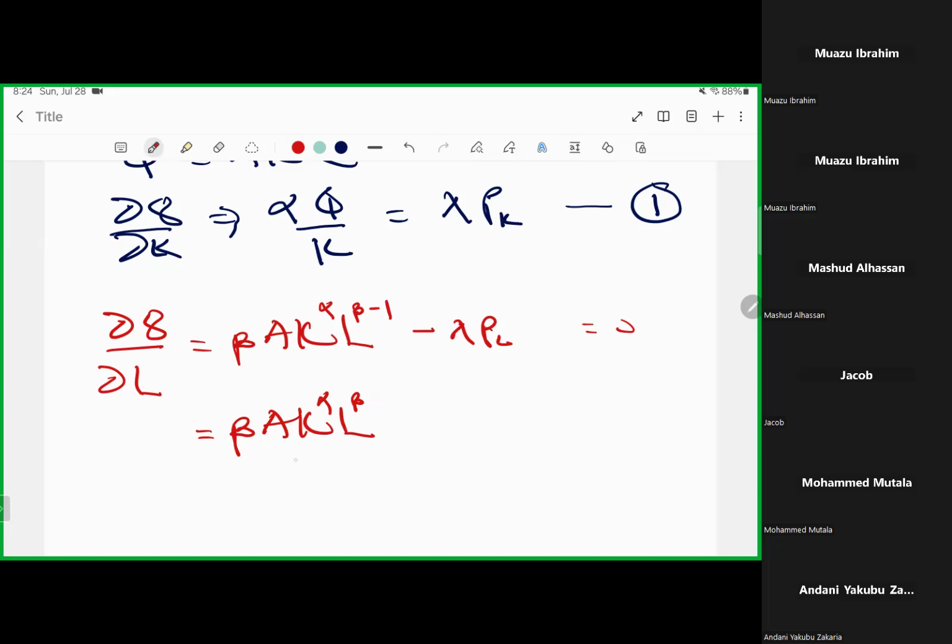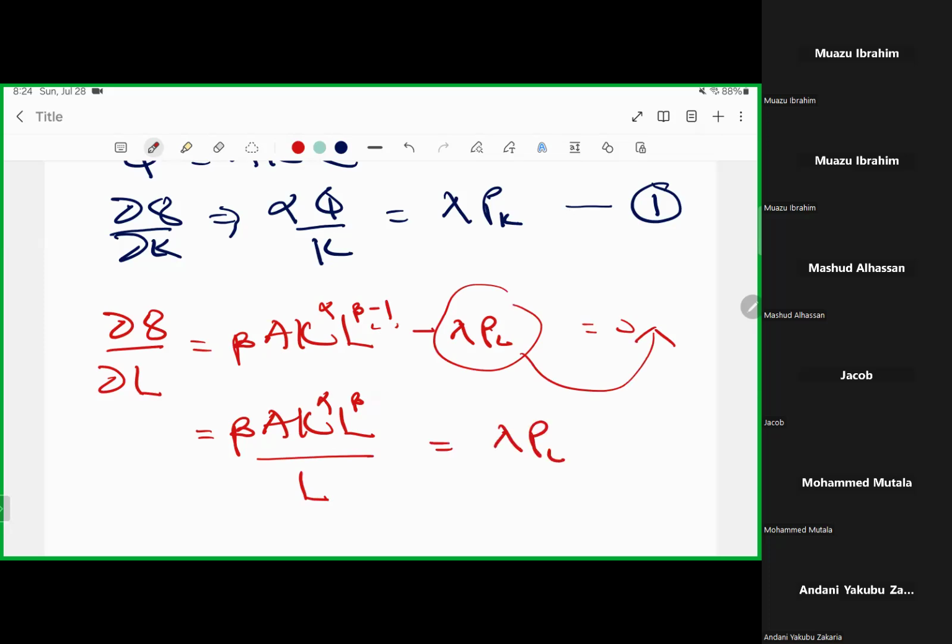Remember, this whole thing would be divided by L, because of this minus. We did this some time ago. Here, this one can also cross to become positive.